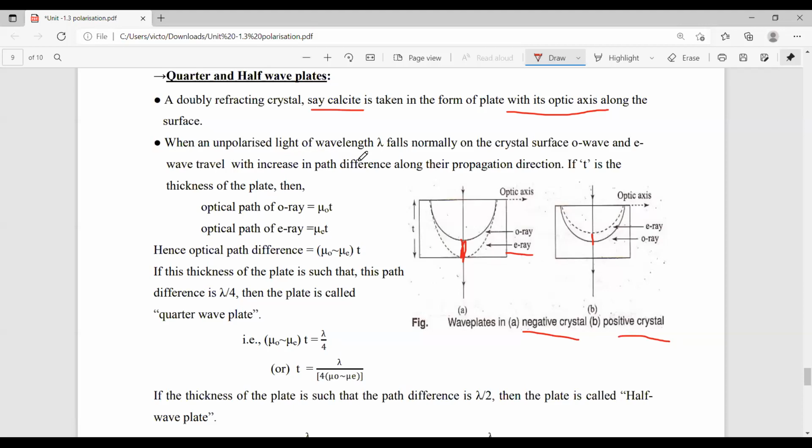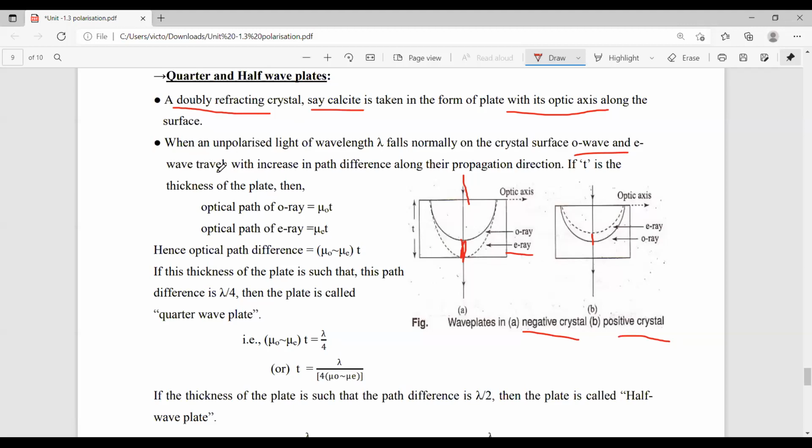When unpolarized light of wavelength lambda is incident normally on the crystal surface, as I already said, it is a double refracting crystal. Automatically when unpolarized light is incident on the crystal, it splits into two refracted rays, which are O ray and E ray.